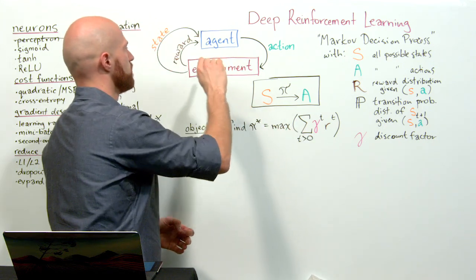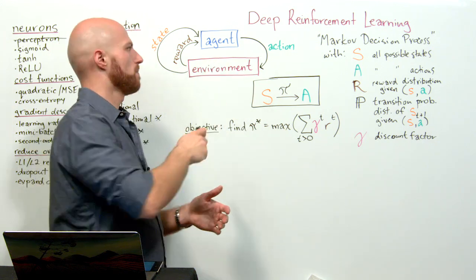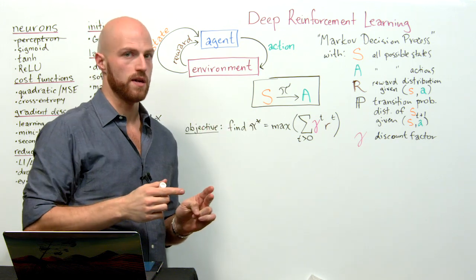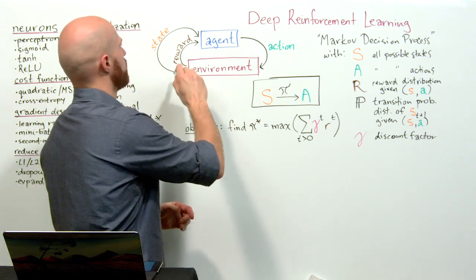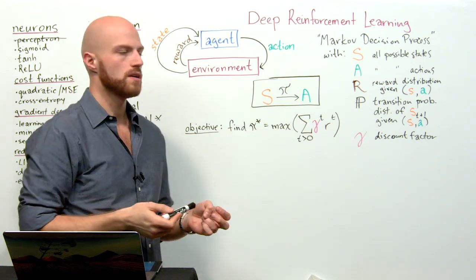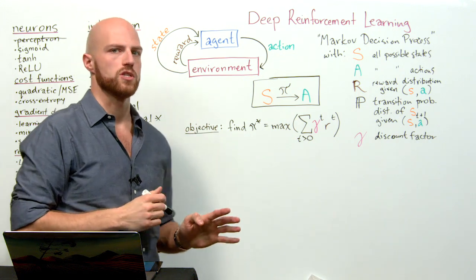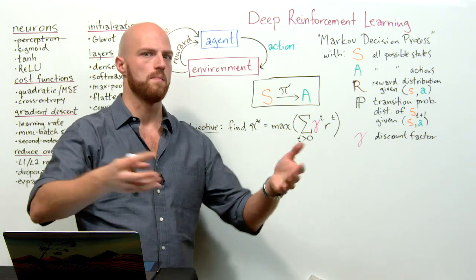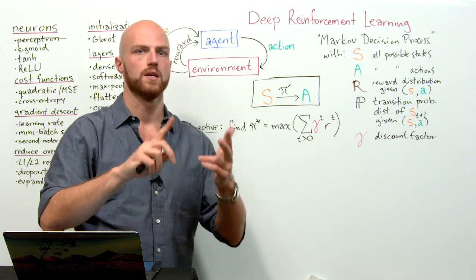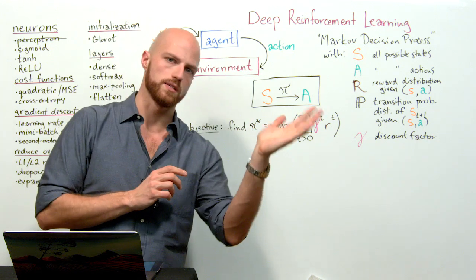And then the environment provides the agent with feedback. It provides two kinds of information as feedback. The first kind of information is the state. This is the four pieces of information about the environment: the location of the cart, the velocity of the cart, the angle of the pole, and the angular velocity of the pole.